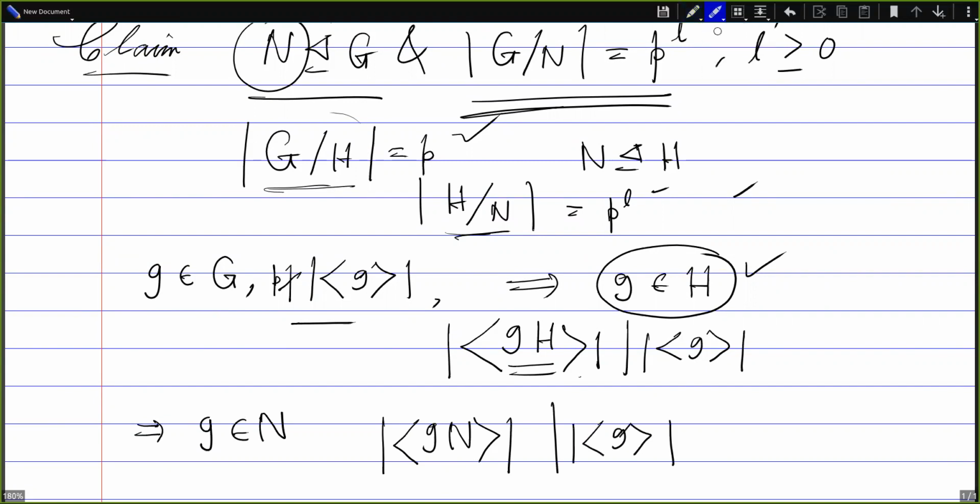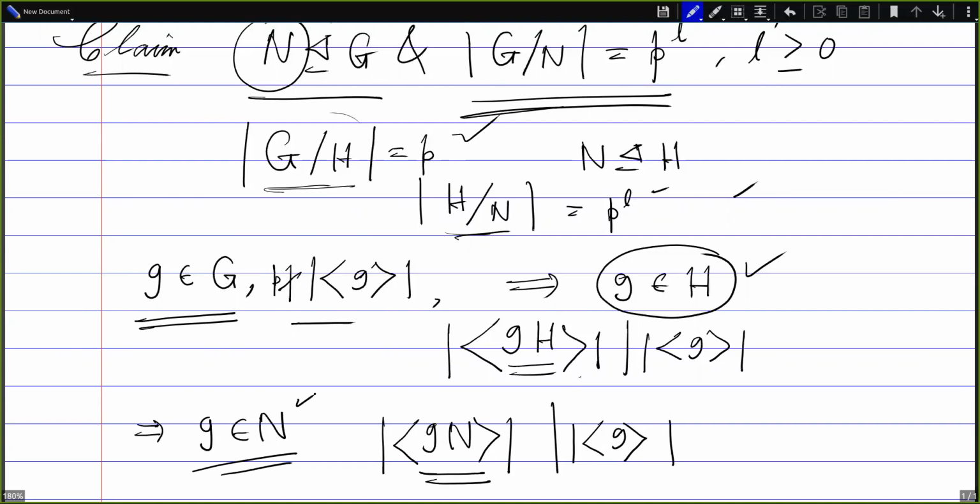So therefore this is a positive power of P, which is dividing order of G. So again P is dividing order of G, which is again a challenge. So G belongs to N. Thus what we have shown is every group element whose order is co-prime to P is contained inside N.